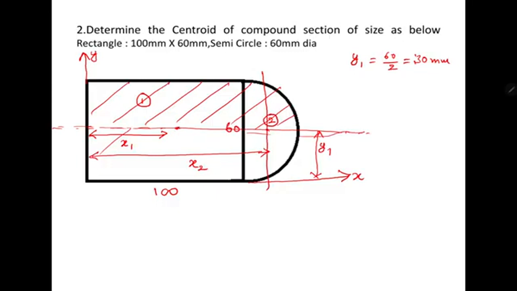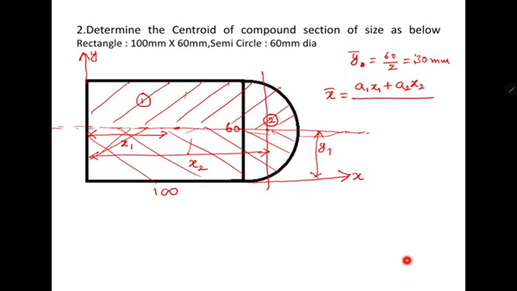If I take the center of this, above and below is symmetrical. So when I have a symmetrical section, simply by looking at the plane figure itself, I can write the centroid. Now we need to calculate y bar and x bar. We have the formula a1x1 plus a2x2, only two plane figures, divided by a1 plus a2.